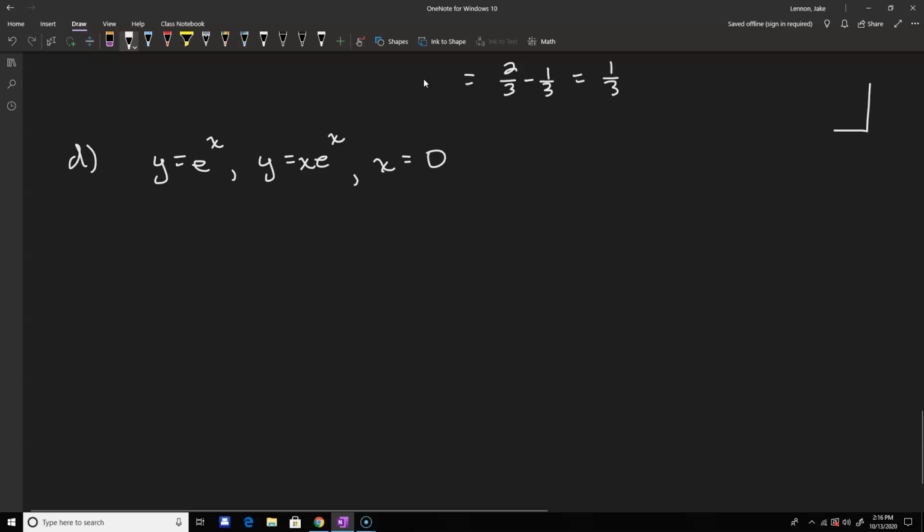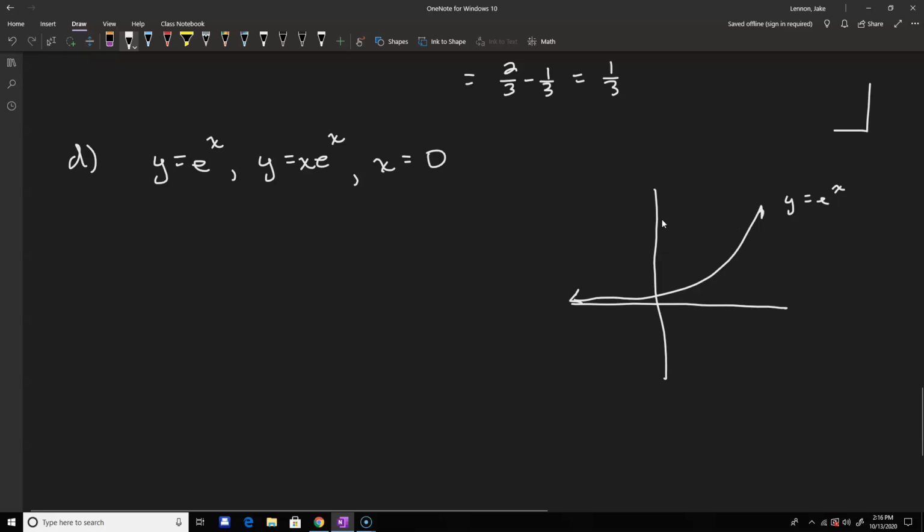So again, let's find the point of intersection, because what's going on here is we have x equals 0, which is just the y-axis. We have y equals e to the x. And then y equals x e to the x. We should be negative down here, below, and then above, I think.